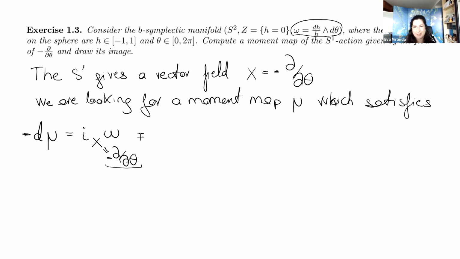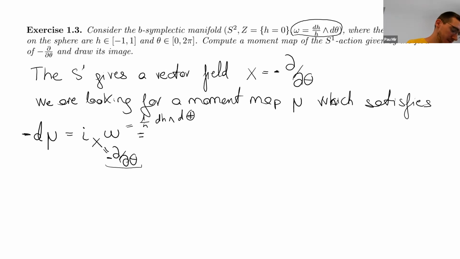Okay, so what happens here? We want a mu which satisfies this equality, and this equality is what we get knowing that this omega is 1 over h dh wedge d theta.